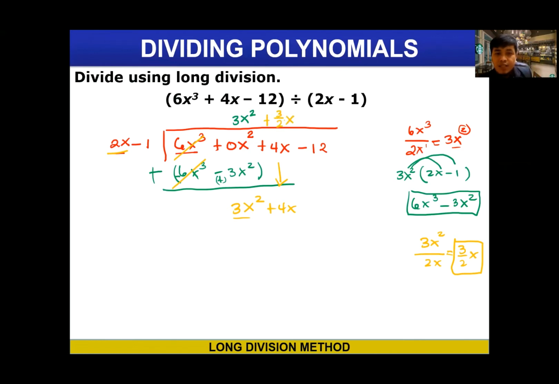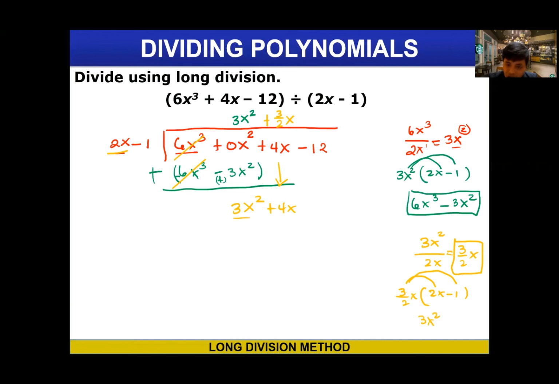Next, we're going to multiply 3 halves x to our divisor, which is 2x minus 1. We distribute: 3 halves x times 2x is 6x squared divided by 2, which is 3x squared.